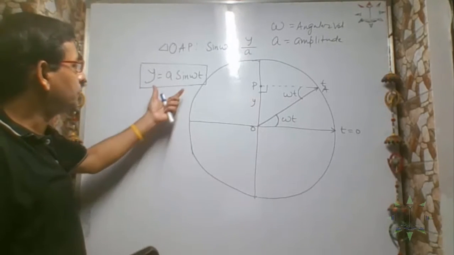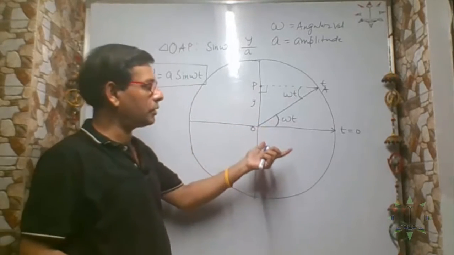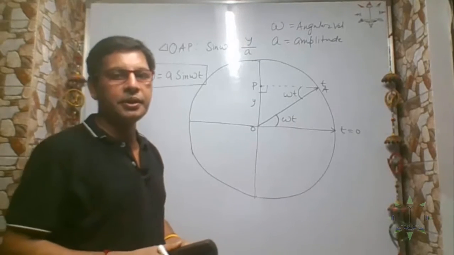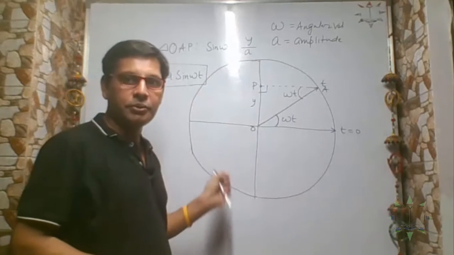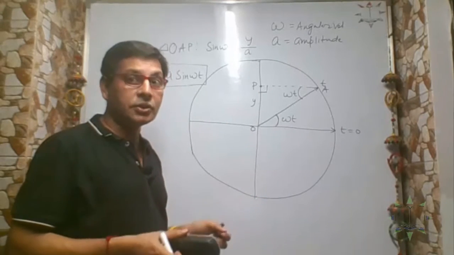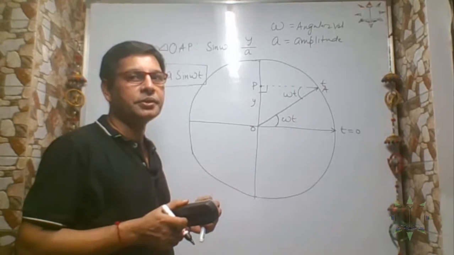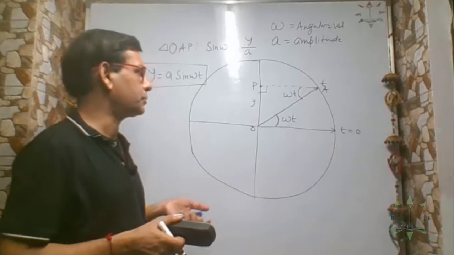And if you understand how this equation has come, we have already shown that simple harmonic motion can be represented mathematically by the motion of a radius vector in uniform circular motion in such a way that the foot of the perpendicular drawn from the tip of the radius vector on the diameter executes to and fro simple harmonic motion.